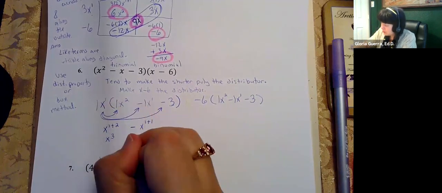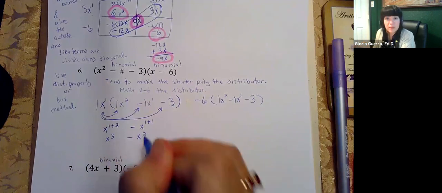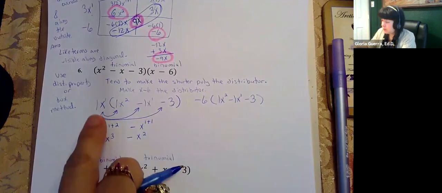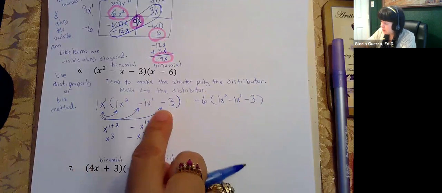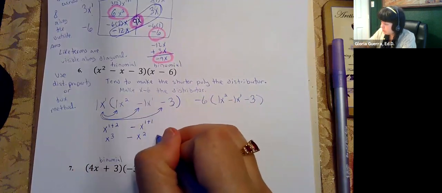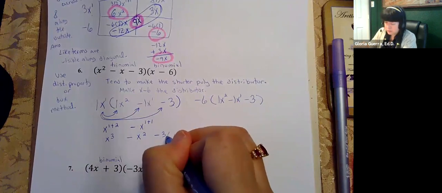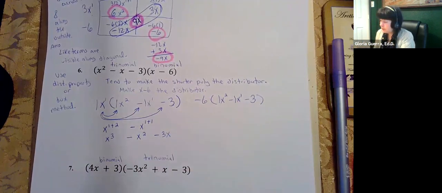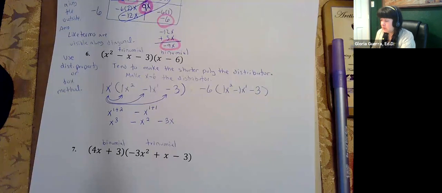So that's negative x squared. Okay. And then 1x times negative 3 is just a negative 3x, right? So basically this gives you x cubed minus x squared minus 3x, okay?